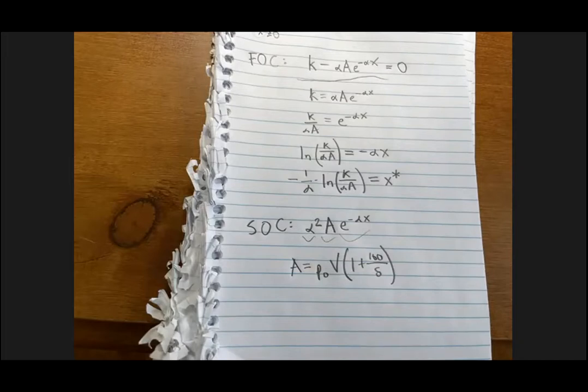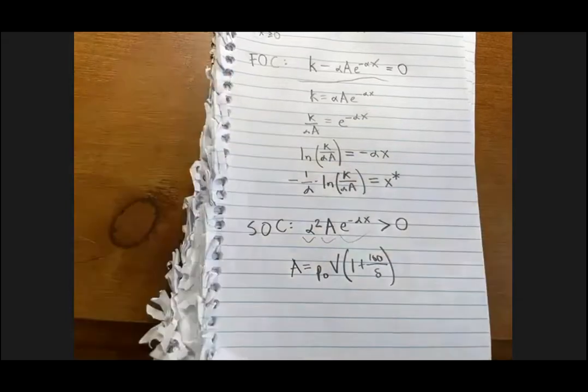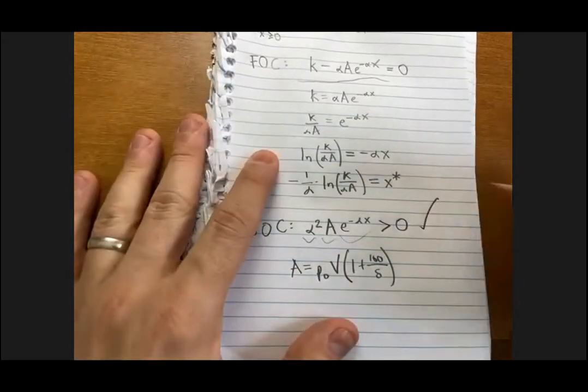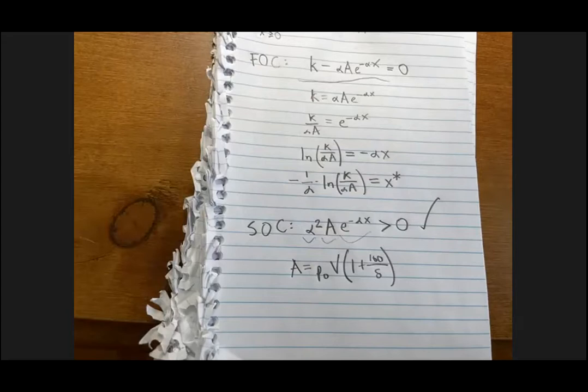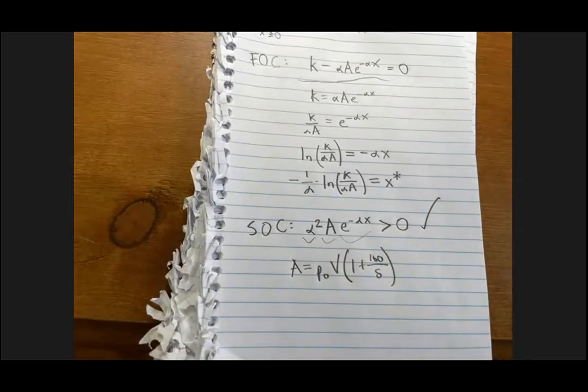V is always positive. 1 plus 100 over delta is always positive. E to any power is always positive. So the second order condition is that this is greater than 0. It's met, right? Three positive things multiplied together are always greater than 0. So we're good. This is indeed a minimum.